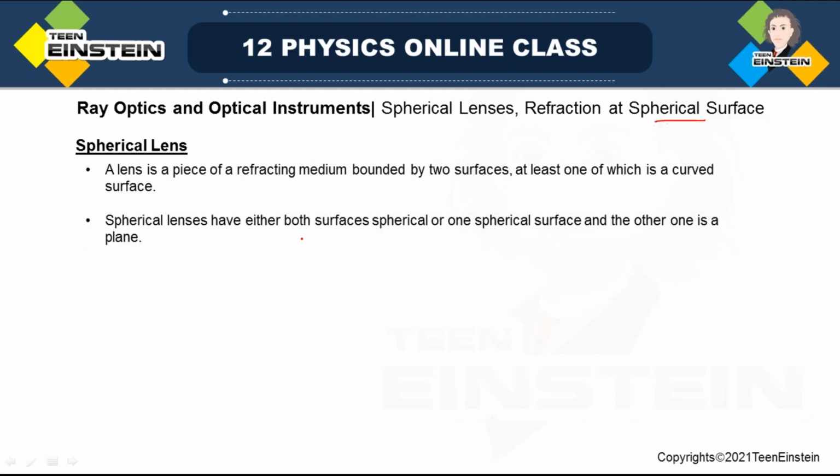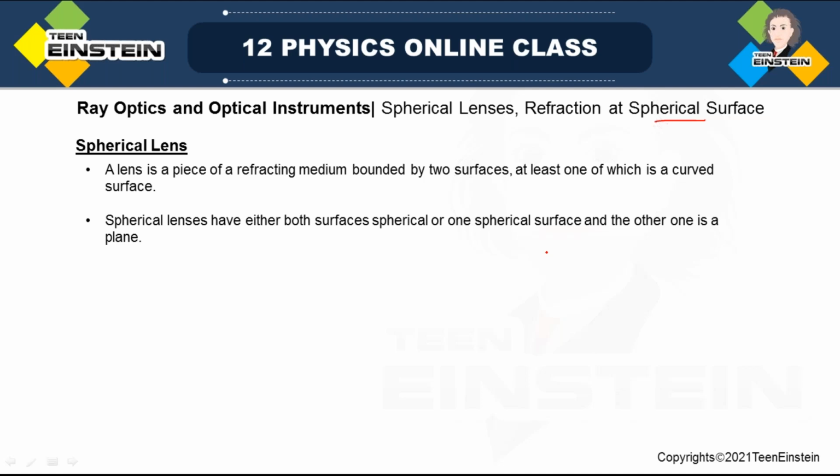So spherical lenses have either both surfaces spherical, or at least one of them has to be spherical and the other can be plane. Okay, so you might be thinking we are learning lenses, but what is the use of these lenses? Most of us know the uses of the lens.